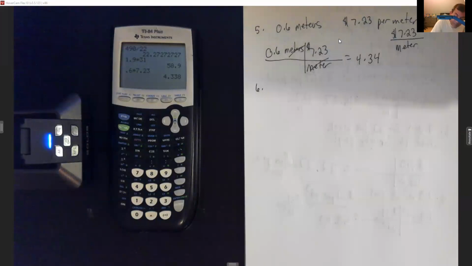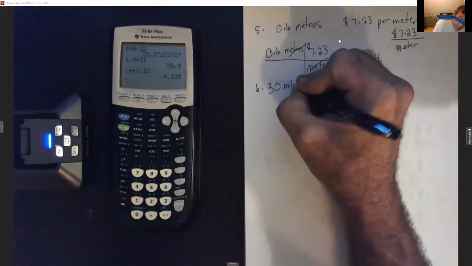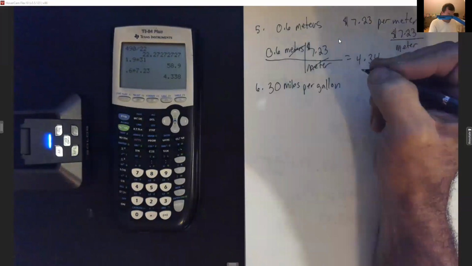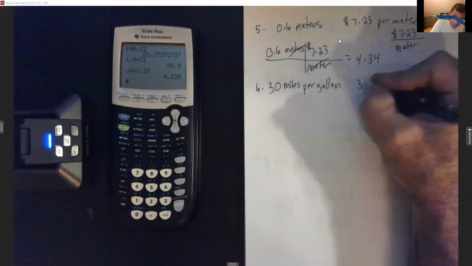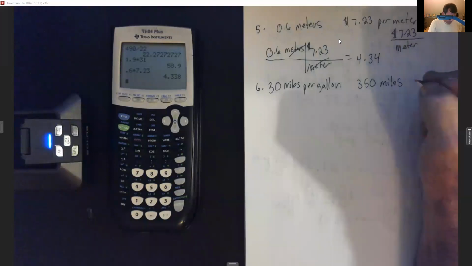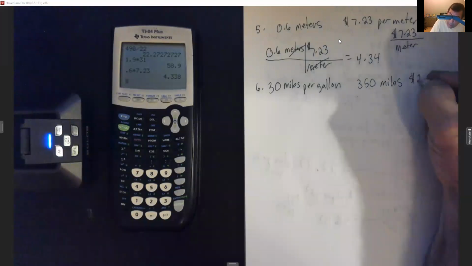All right, check this out. If your car gets 30 miles per gallon, how much does it cost to drive 350 miles when gasoline is $2.90 per gallon?